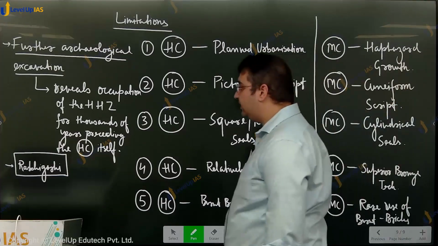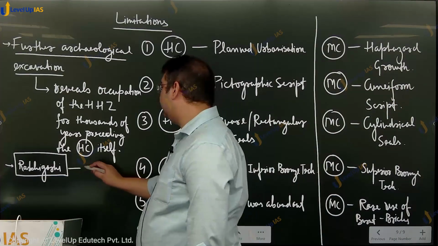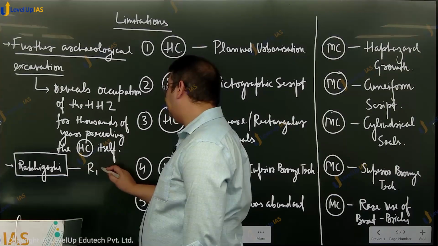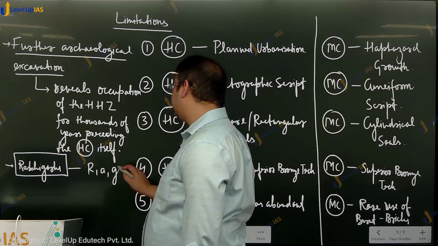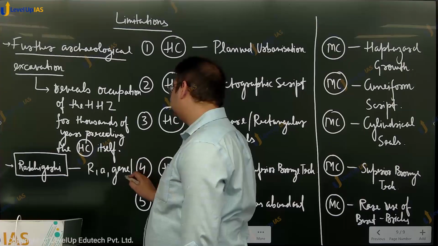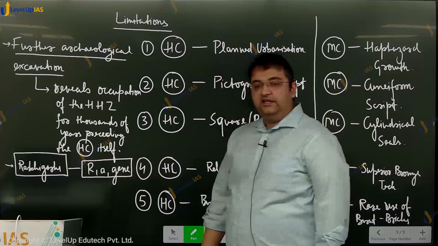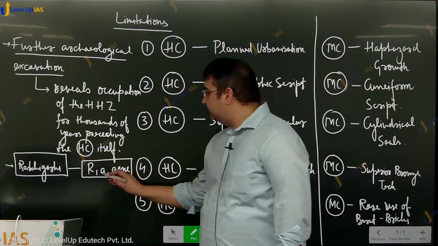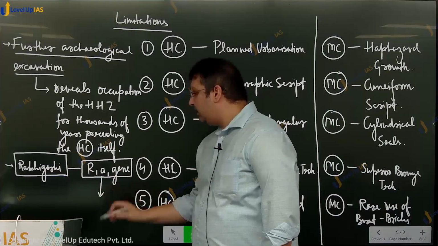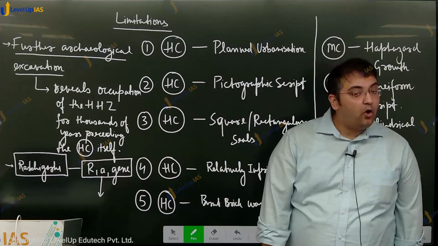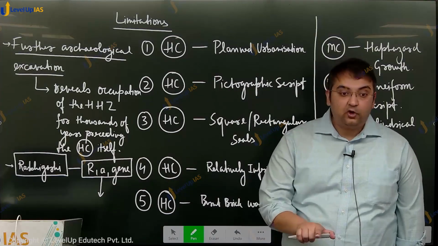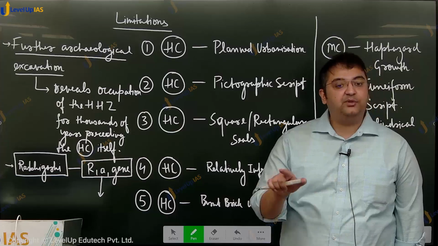A particular genetic marker, that is the R1A1 gene. This genetic marker is considered to be a common trait of all the descendants of the Iranian steppe dwellers. Okay?